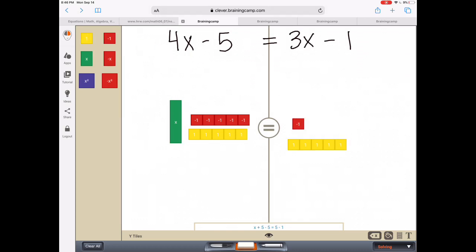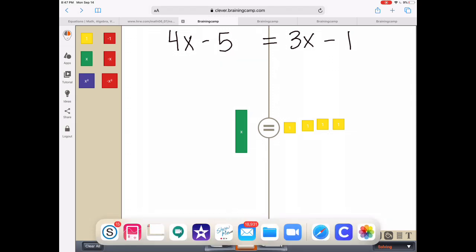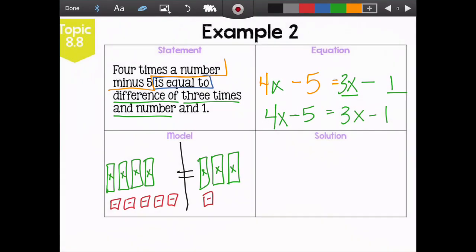Okay, and now since I've added it to both sides, then I can go ahead and create those 0 pairs. So where I finally have x by itself, create this 0 pair here, and I'm left with x equals 4. But again, to be positive, I'm going to put it into my calculator.